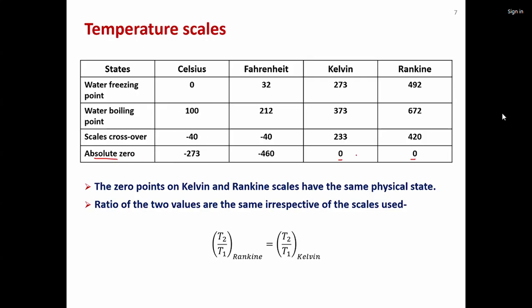That means you can actually write that since the 0 degree scales coincide, any temperature T2 over any other temperature T1 in the Rankine scale will be the same as T2 over T1 in the Kelvin scale, because you can see that, for example, here 373 minus 0 divided by 233 minus 0 will be equal to 672 minus 0 divided by 420 minus 0.